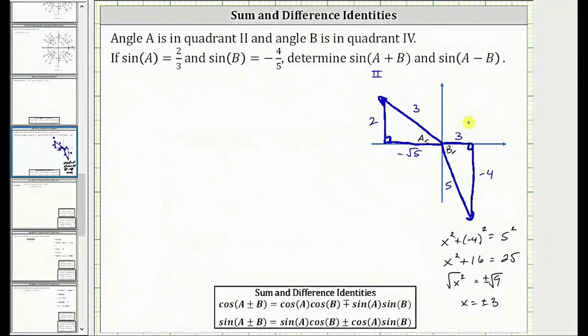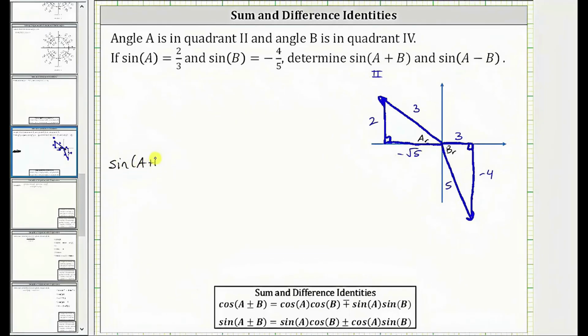Now we have all the information we need to find sine of the quantity a plus b and sine of the quantity a minus b. Using the identities, we have sine of the quantity a plus b equals sine a times cosine b plus cosine a times sine b. Let's go ahead and list out these 4 trig function values below. Well, we know that sine a is 2/3.